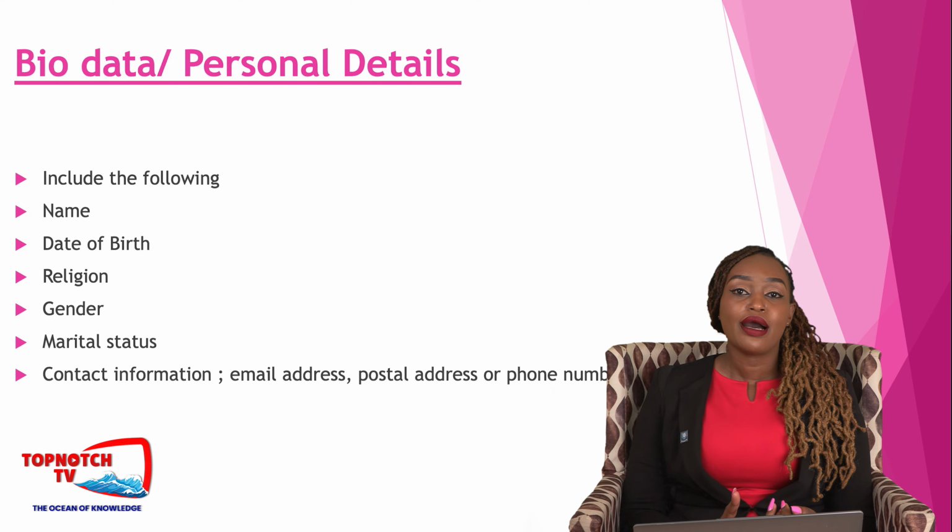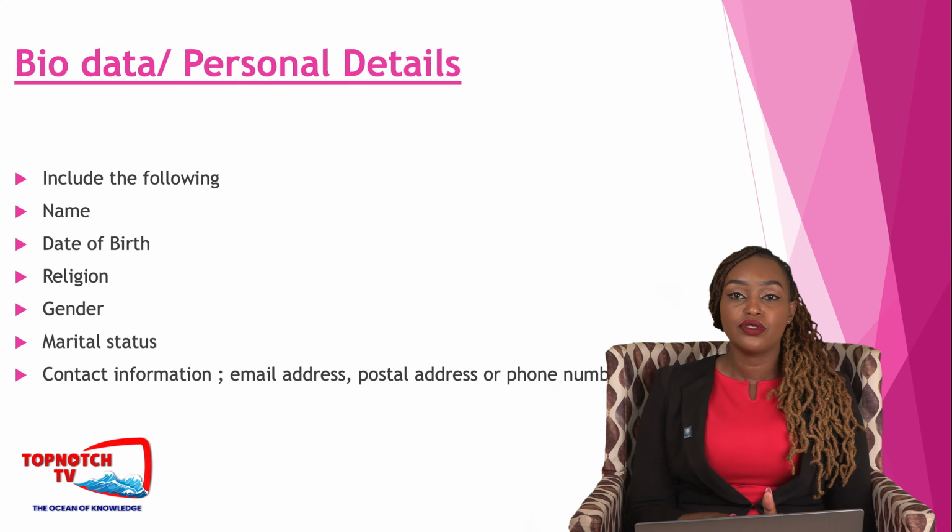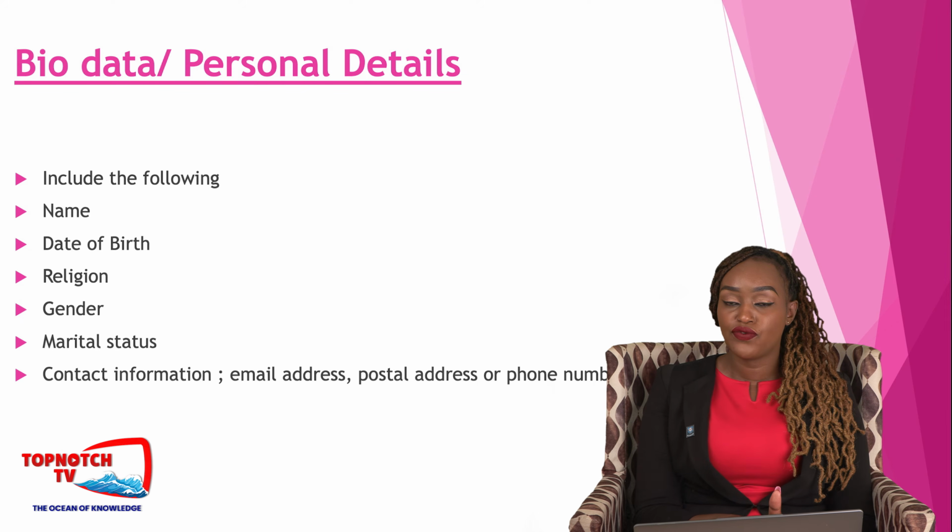You can also give the postal address, or you can give a phone number, maybe 072, and give that number there, so that in case this person wants to call you or wants to get more information, then they can look at your CV and get the information from there.